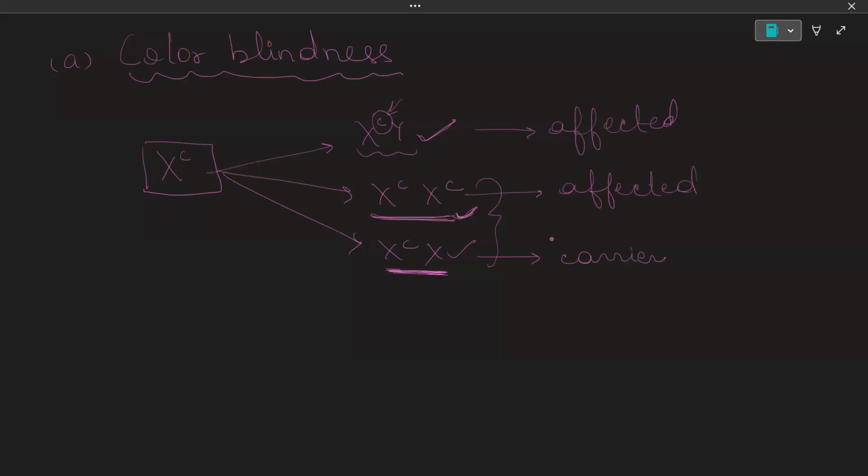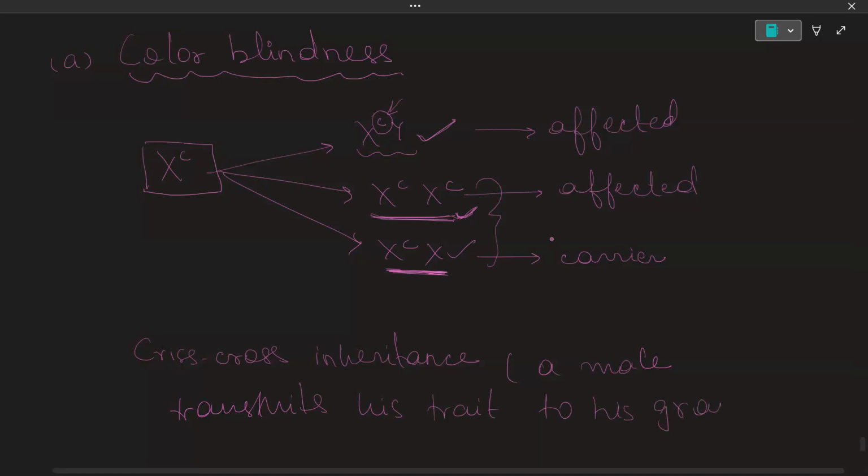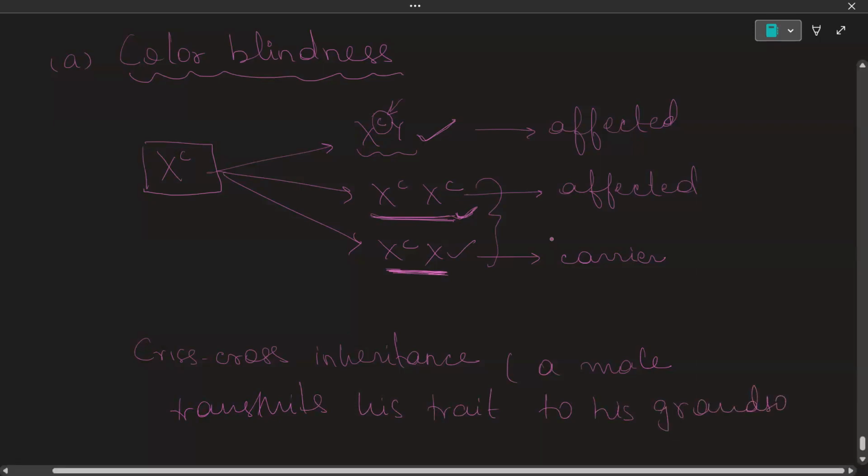The type of inheritance shown by color blindness is known as criss-cross inheritance. In a criss-cross inheritance, a male transmits his trait to his grandson through the daughter.